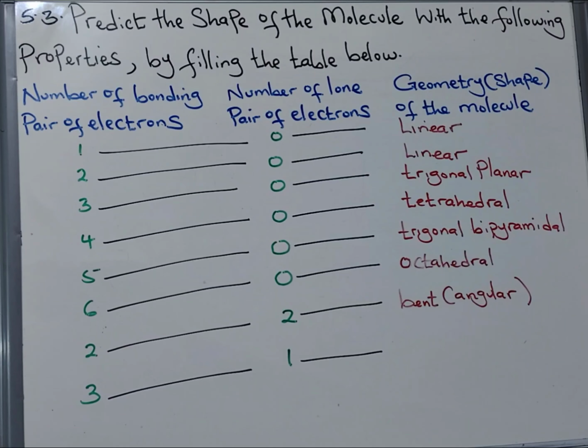Then we come to this one. We have 3 bonding pairs of electrons and 1 lone pair. What shape is adopted under that circumstance? It is trigonal pyramidal.